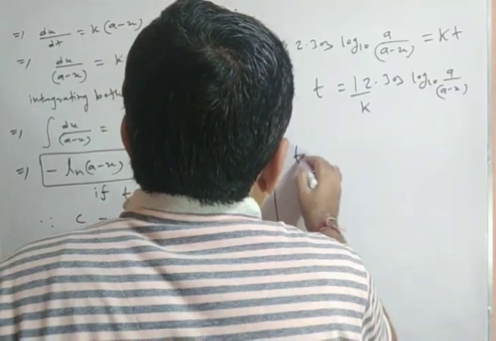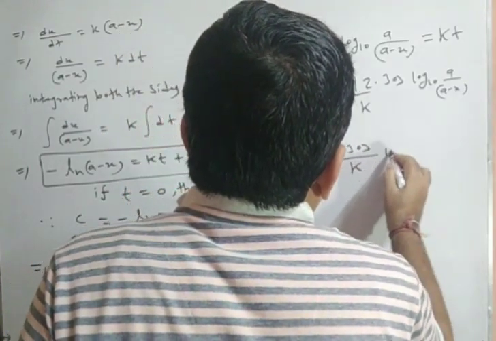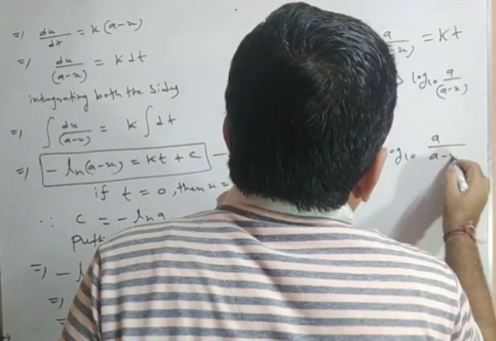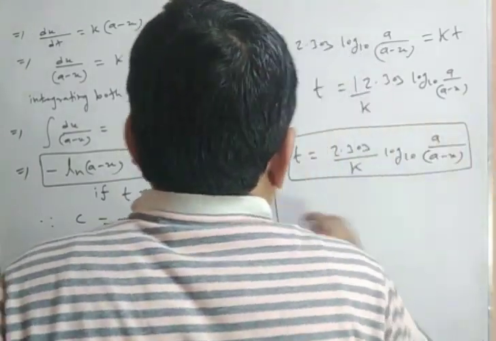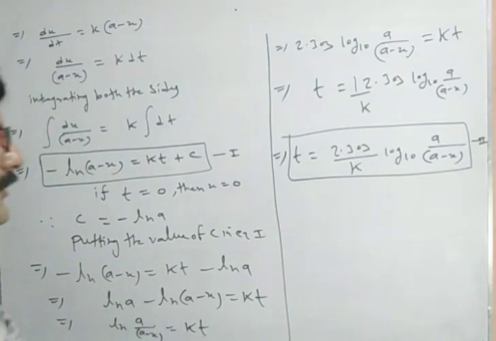That is t is equal to 2.303 by k log base 10 a by (a minus x). This is our equation second.